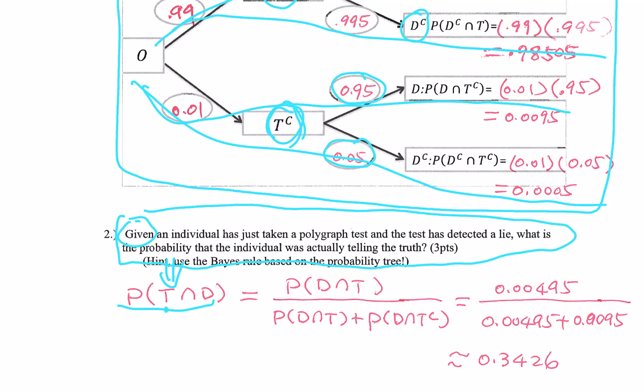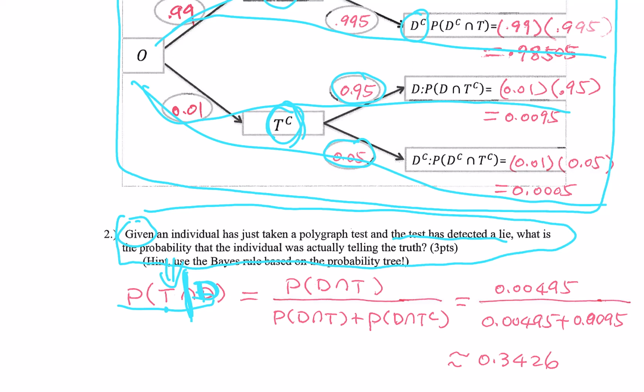conditional probability. Whenever we're talking about conditional probability, we have to be careful what the condition is. Here the condition is that the individual has just taken a polygraph test and the lie detector has detected a lie. So D is the condition: the lie detector has detected a lie. And then what is the probability the individual was actually telling the truth?